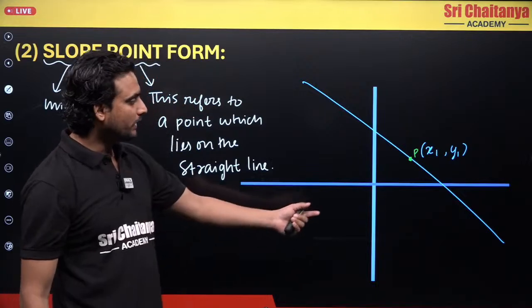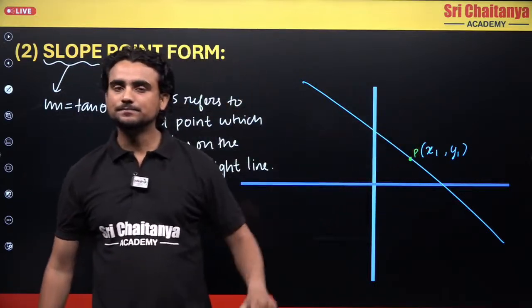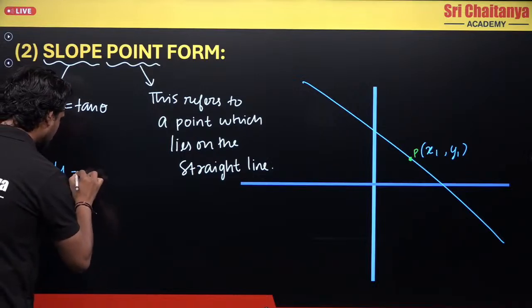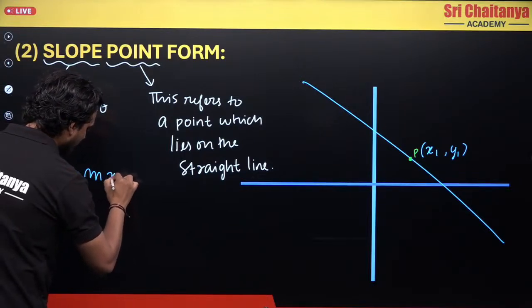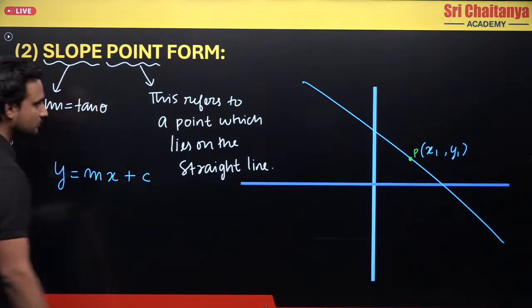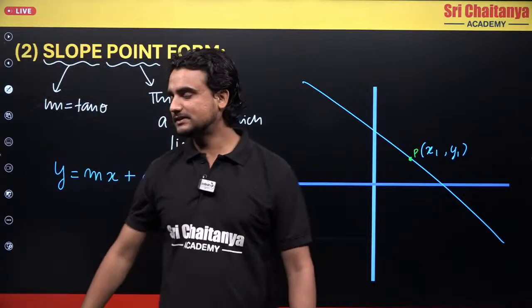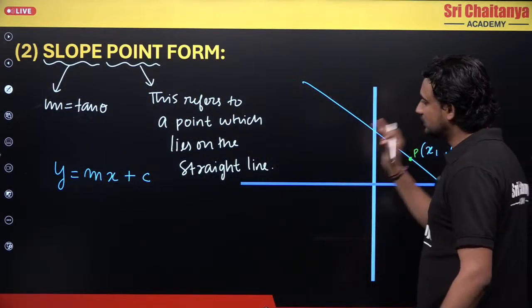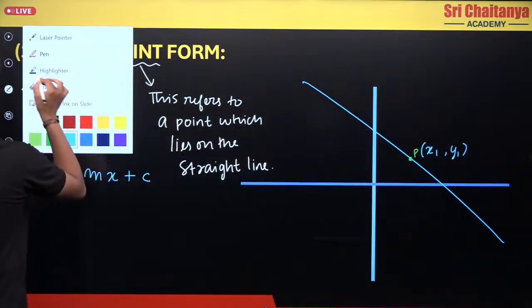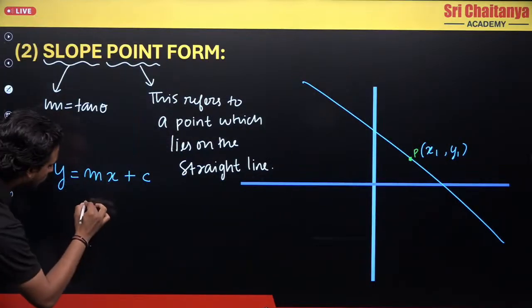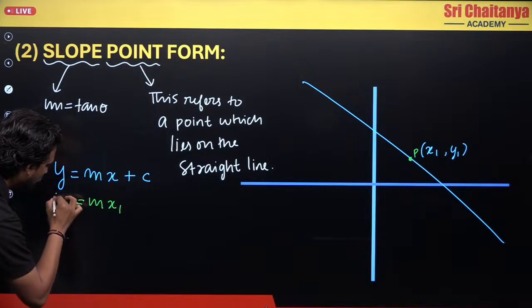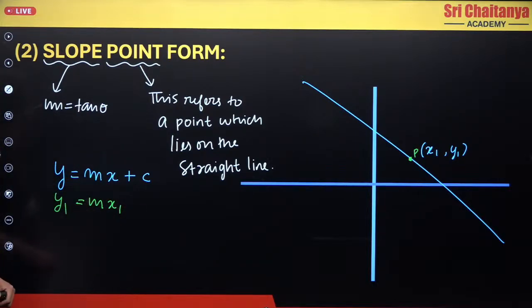So now if this point P lies on this straight line, let's write the general equation. What is the general equation? y is equal to mx plus c. Since this point P lies on this straight line, if I substitute the value of x as x1 here, can I say this y should be equal to y1? Yes or no?